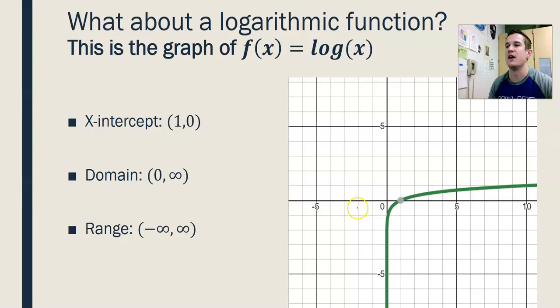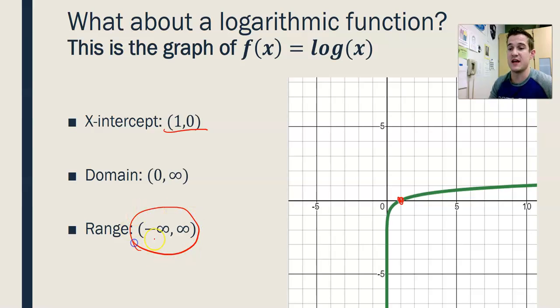This is the graph of y equals log of x, or f of x equals log of x. Remember that a logarithm function is the inverse of an exponential function, so it's just flipped over that y equals x line. So now instead of crossing here, it's going to cross at the point (1, 0). Now the domain and the range are going to flip.